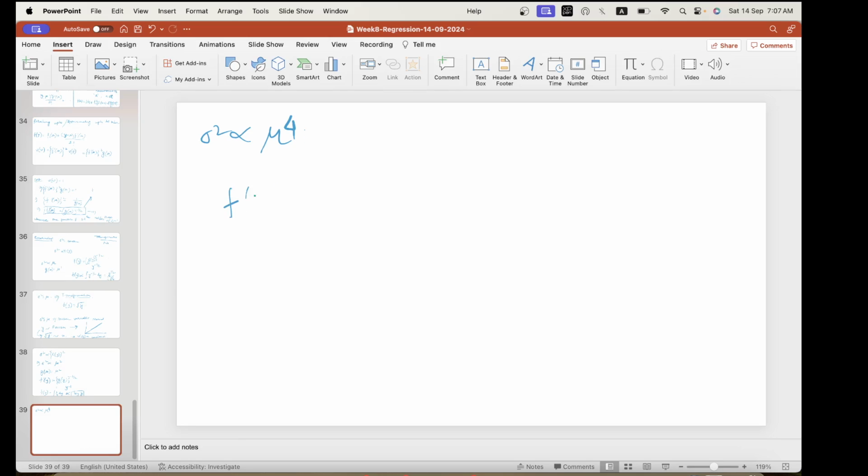We have g y equal to y to the power 4, and then f prime y would be g y to the power minus half, that is y to the power 4 into minus half, so this would be y to the power minus 2.